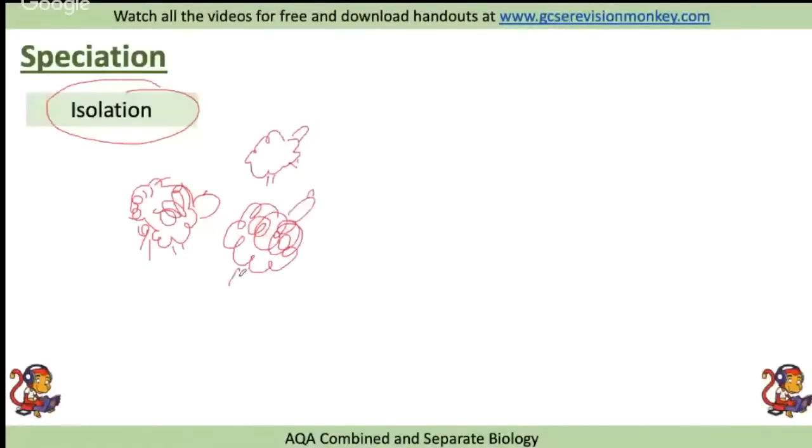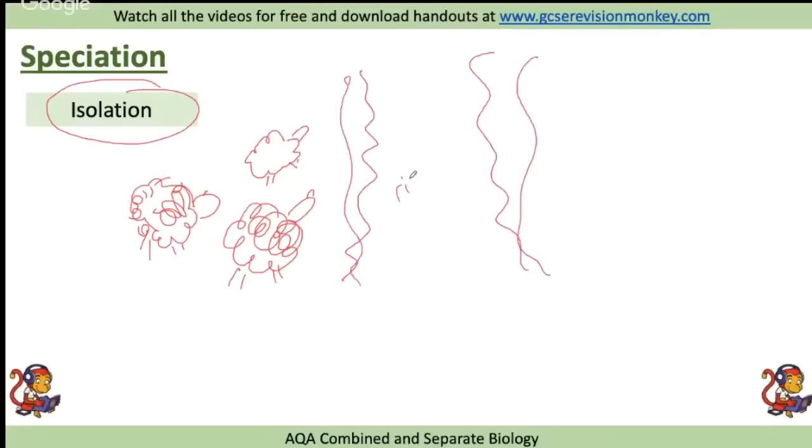If those sheep were to be separated, they could be separated by a mountain range or a river or a lake, for example. That suggests a large river came between two sheep populations. We might have one on this side, like so, and one on the other side.